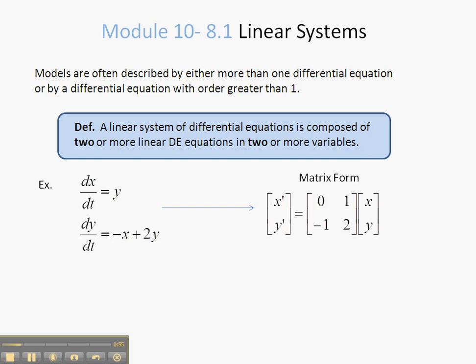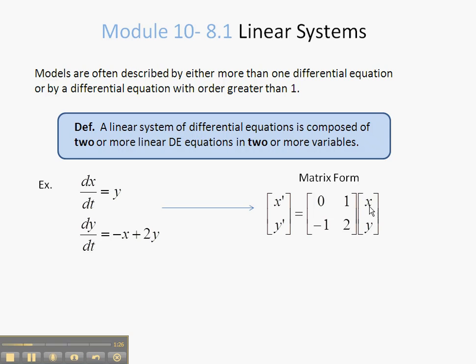The system can be written in matrix form, and what this constitutes is we take on the left-hand side and we replicate what is on the left-hand side of the system, which is x prime and y prime. On the right-hand side, we replicate what is on the right-hand side in this system. And basically in order for us to write this matrix that I've written here, you allow the first column to correspond to the first variable, in this case x, and the second column to correspond to the second variable, in this case y.